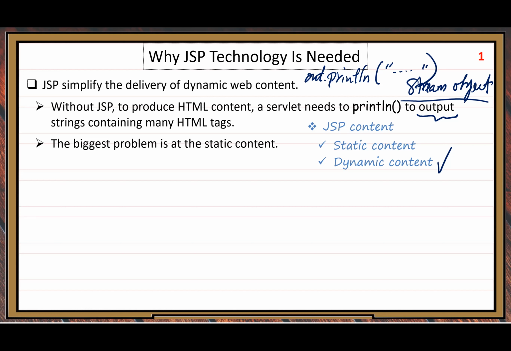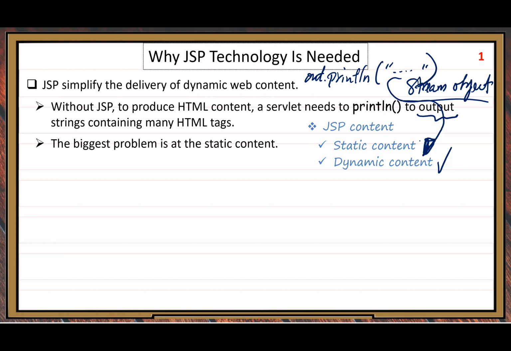The static part uses the double quotes way. If we want to do it in the servlet, we need to use the double quotes way. You can see how hard it is.